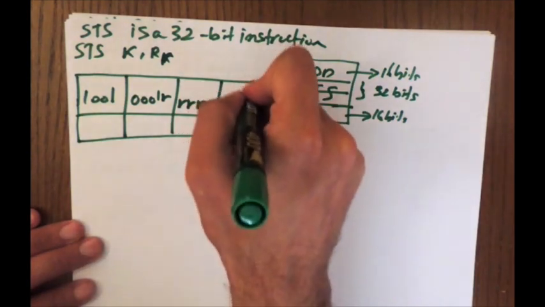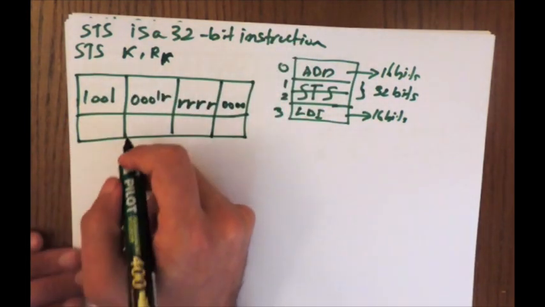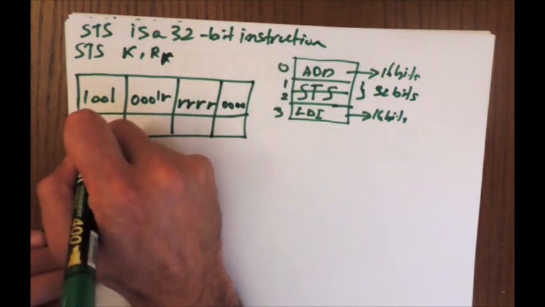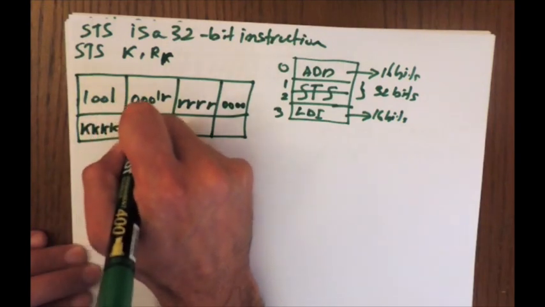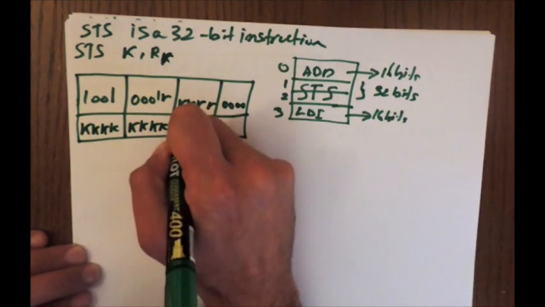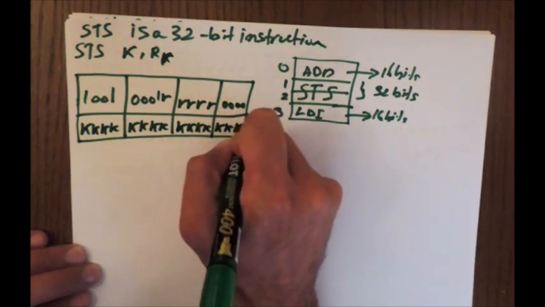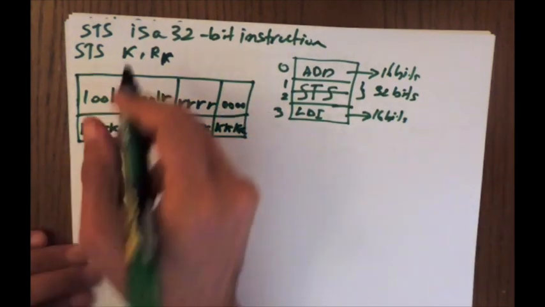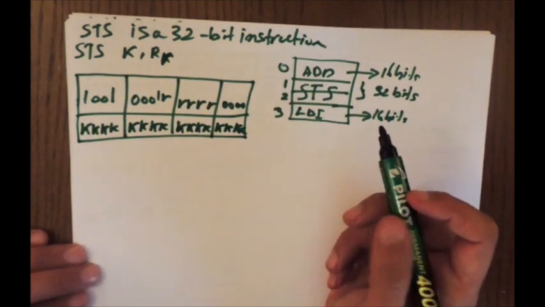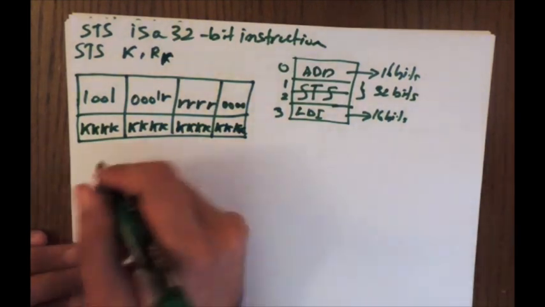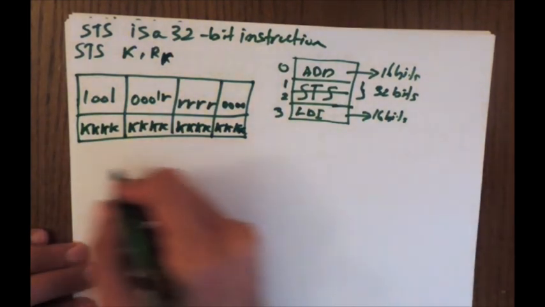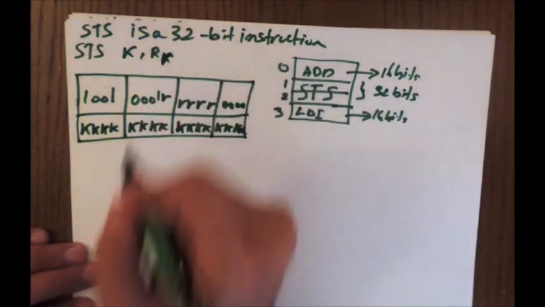This tells me that I need to fetch the other instructions, and then I have the K's. Remember, K is 16 bits, because what SDS does is it fetches from the RAM and places in RR.